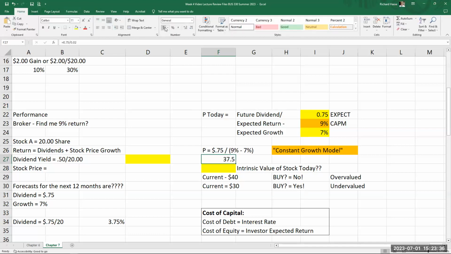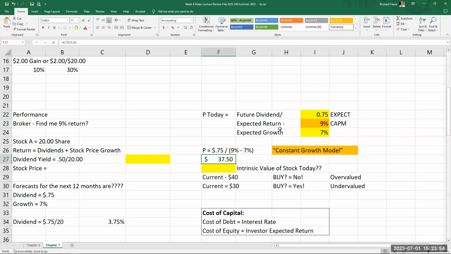That's what is called the intrinsic value. That doesn't mean that's what the stock is trading at on the New York Stock Exchange. It means based on the anticipated return over the next 12 months, this stock should be at $37.50 today.